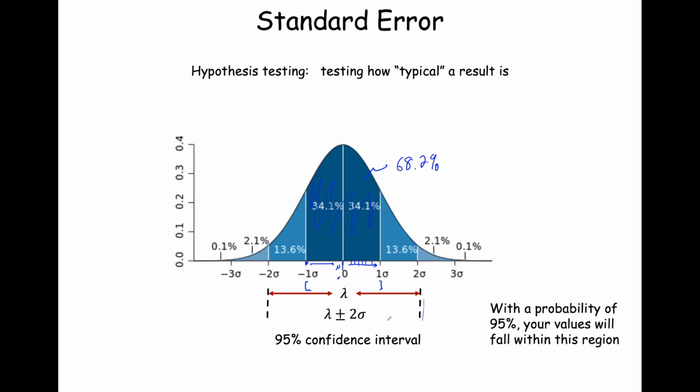And that 95% has special meaning in the statistics community. When something happens with 95% probability, that's considered to be assured. It's a sure thing. No, that's not the same as saying 100%, but 95% is the litmus test to say it might as well be guaranteed. And so this 95% is a so-called confidence interval. It tells you that with a probability of 95%, your values are going to fall within this region that's plus or minus 1.96, or roughly 2, standard deviations above and below the center point, the mean.